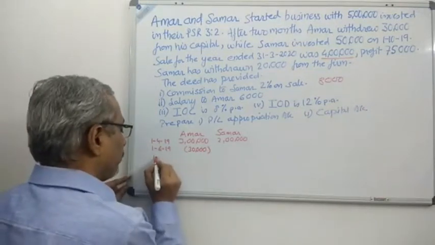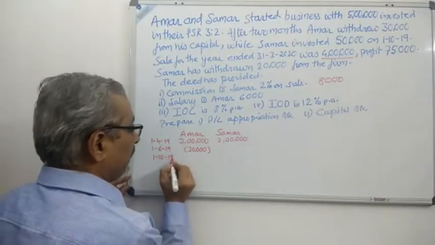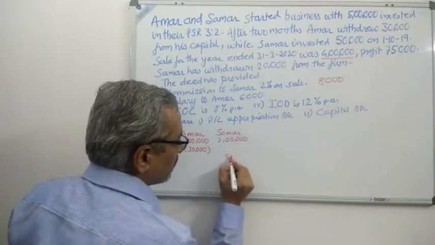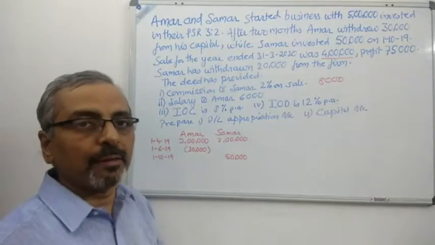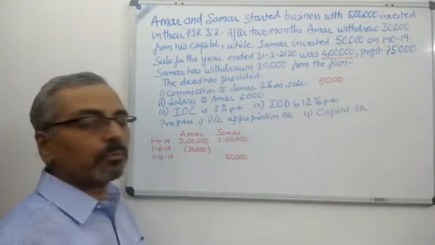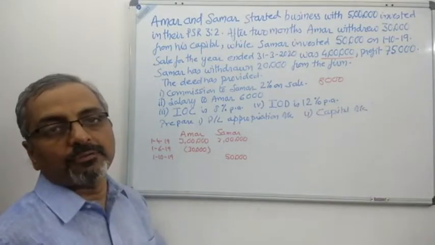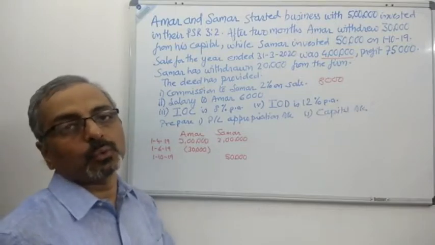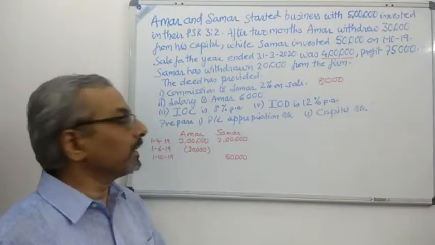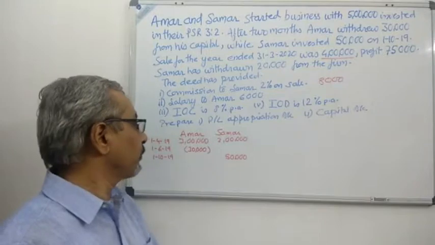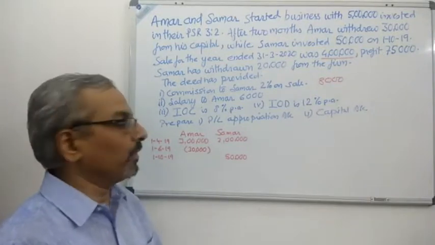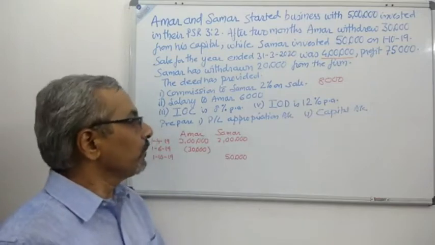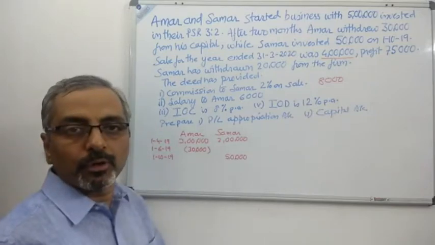And on 1st of October 2019, Samar has invested a further capital of 50,000. So the effective capital for 2 months for Amar was 3 lakh, and after that the effective capital of Amar came down to 2,70,000. On the other hand, the effective capital of Samar for 6 months was 2 lakh, and after that it became 2,50,000. With this piece of information, we will first calculate the interest on capital of both the partners.